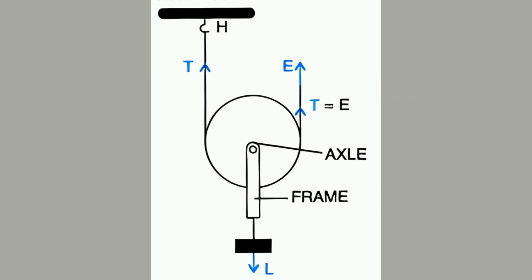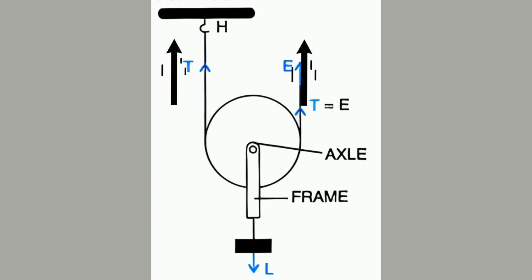As you have already discussed, tension is acting in the opposite direction of load. That means in this case, the tension of the string is acting in the upward direction because the load is acting in the downward direction. So in this case, tension acts in both sides of the pulley.